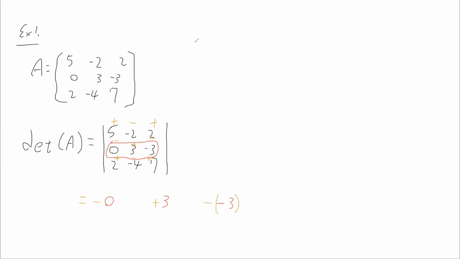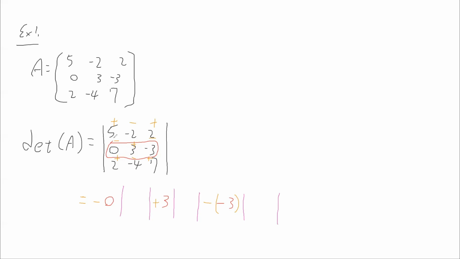Next, we need to finish our cofactor expansion. After each one of these entries, you are going to be multiplying by the determinant of the cofactor, of a smaller matrix, I should say. We need to determine what these small matrices are. First, we're going to start with 0. 0 is right here.